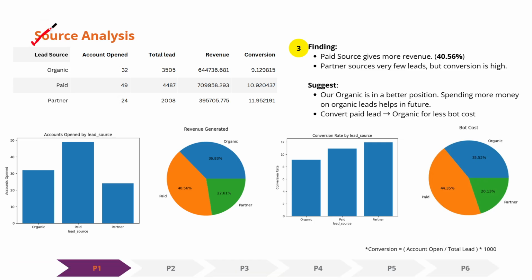So that's again the source analysis. Which sources are the most useful for us? First of all, if you notice, organic is nearly 36.83%. The bot cost for paid is costly, and it gives nearly the same amount of revenue.